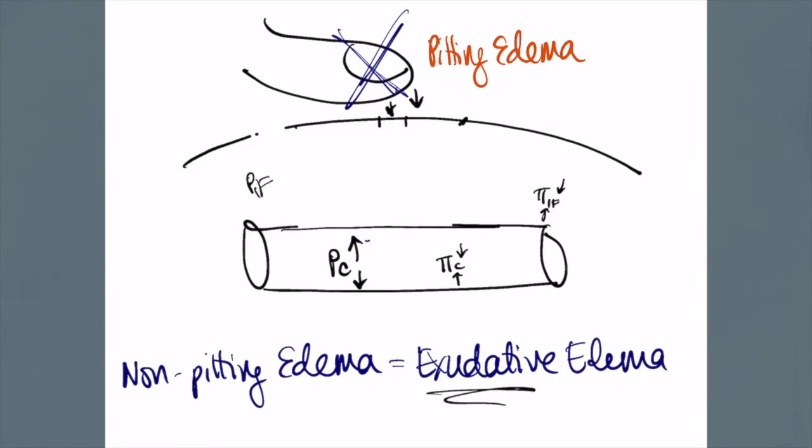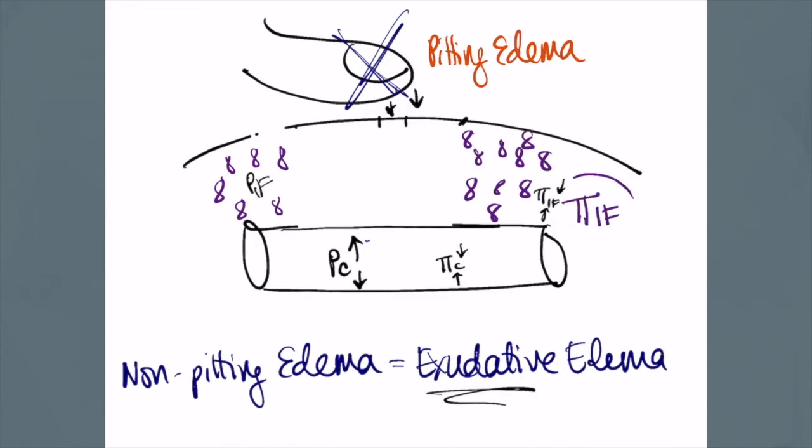If it's an exudative edema and you have tons of proteins that have leaked out or been unable to be cleared, and each one of these proteins is exerting and holding the fluid towards it, the oncotic pressure of the interstitial fluid can be so great, such a large amount of force holding fluid into the interstitium, that when your thumb, I gotta erase my X'd out thumb here so you can see the thumb is back and better than ever.